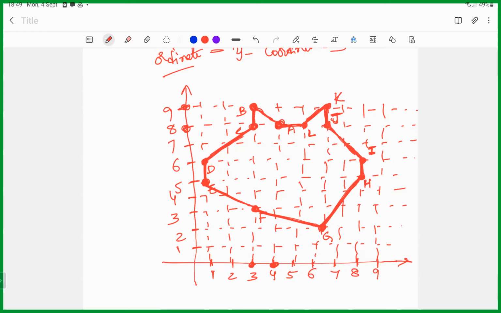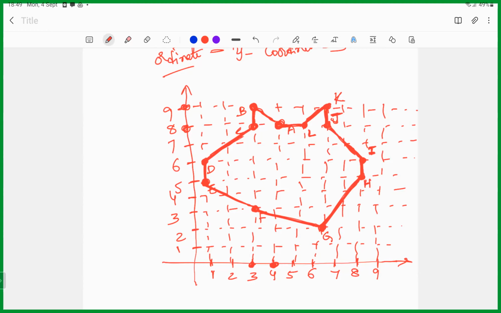Is it right? Or something wrong? H is what? 8, comma 6, right? H is 8, comma 5. Okay. Now, what we have to do? D, E, F is 3, comma 3.